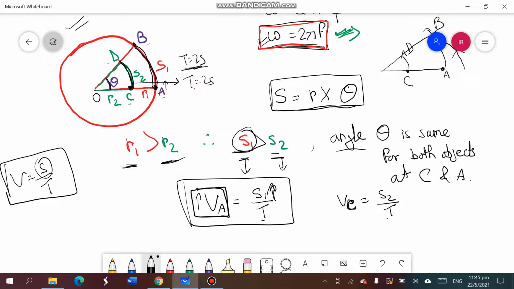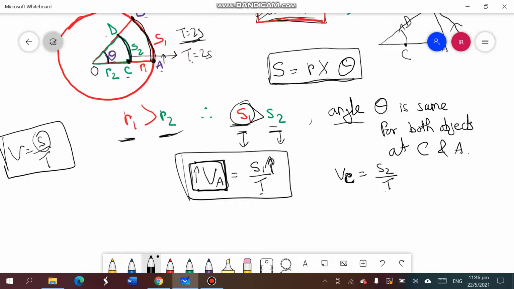So this is what you have to remember: objects moving in a circular path through the same angle theta will have different linear velocities even though their angular velocity remains the same. If I want to find the angular velocity of the object placed at A, omega equals theta by T. If I want to find the angular velocity of the object placed at C, it's again omega equals theta by T, because they have moved through the same angle.